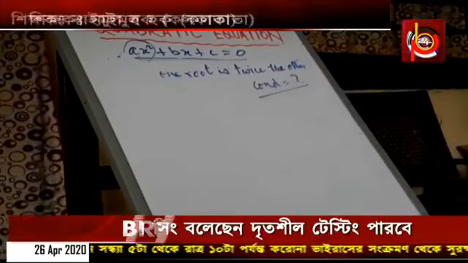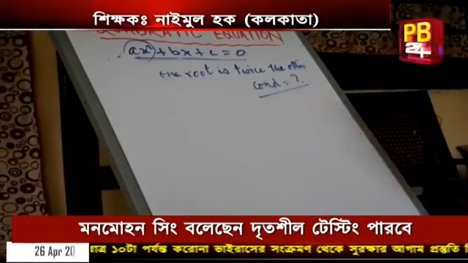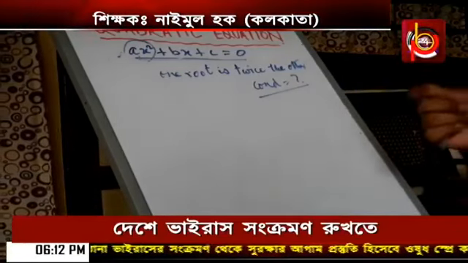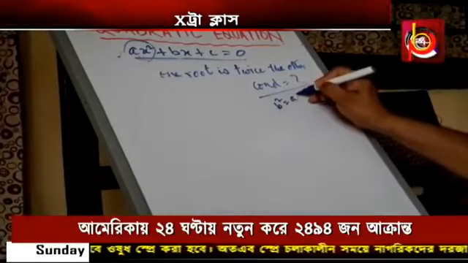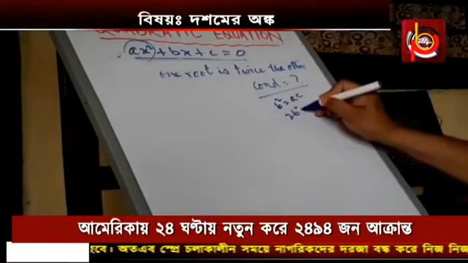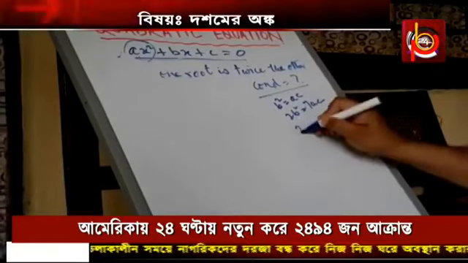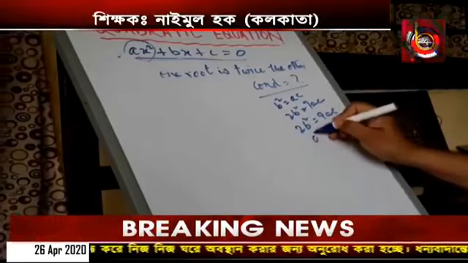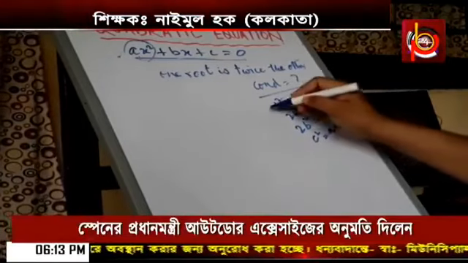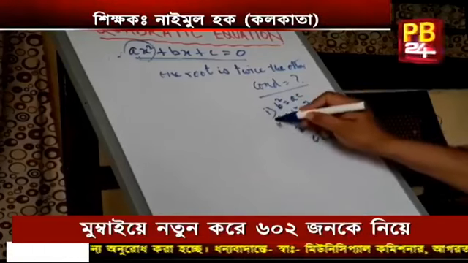You can even be given a few MCQs like these: b square equals to 7ac, b square equals to ac, 2b square equals to 7ac, or 2b square equals to 9ac, c square equals to ab. Like these 4 options are given, right?